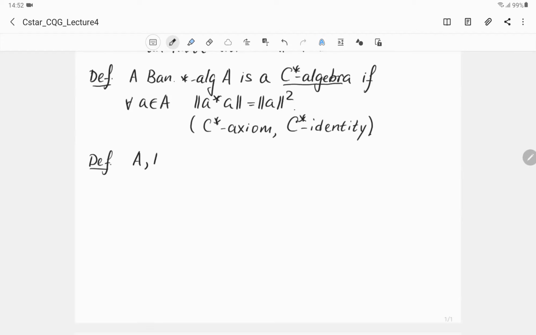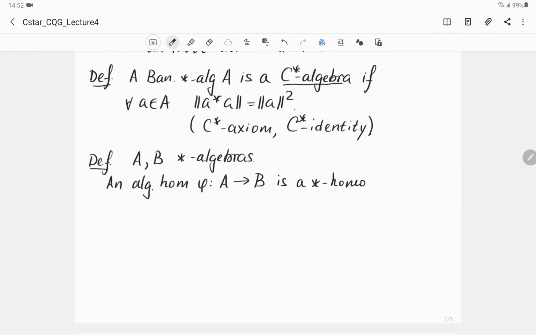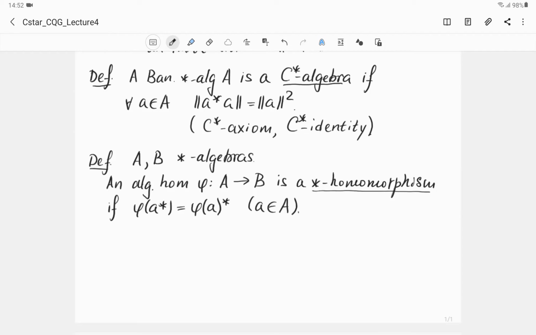Suppose we have two star algebras, A and B, and an algebra homomorphism phi from A to B. Then we say that phi is a star homomorphism if it is compatible with the involution in the following sense: phi of A star equals phi of A, star, for each element in our algebra A. And of course, we say that phi is a star isomorphism if it is a bijective star homomorphism. Obviously, in this case, the inverse map is also a star isomorphism.